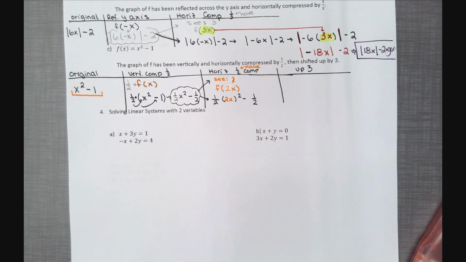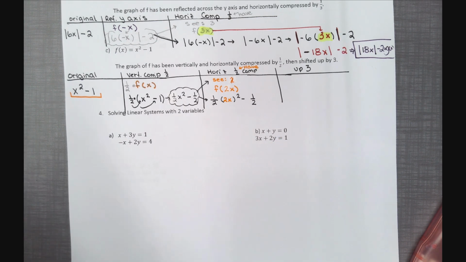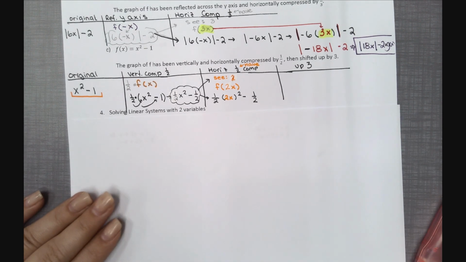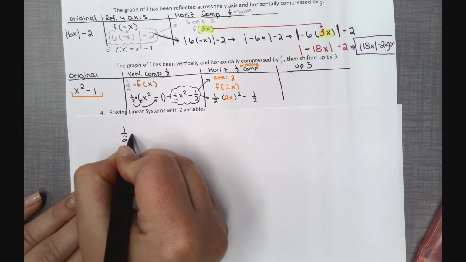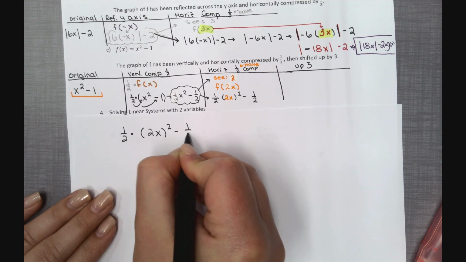Be careful here. You cannot multiply that 1/2 into 2x. Instead, again, I'm going to do this off to the side. Instead, what we have is 1/2 times (2x) squared minus 1/2.